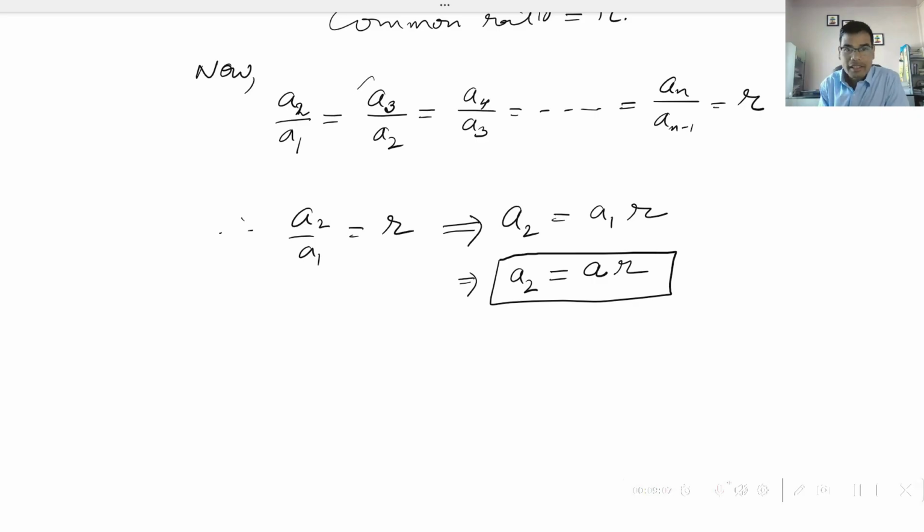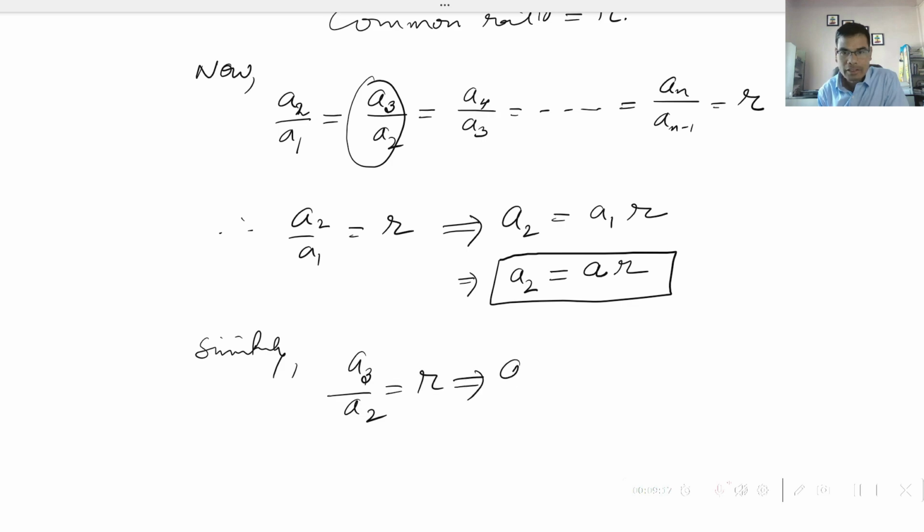Now if you take the second ratio, that is A3 by A2, similarly A3 by A2 is R, so this implies your third term A3 will be A2 R. But what is A2?